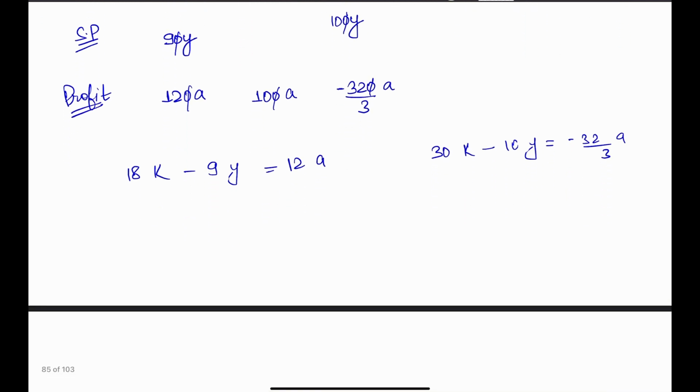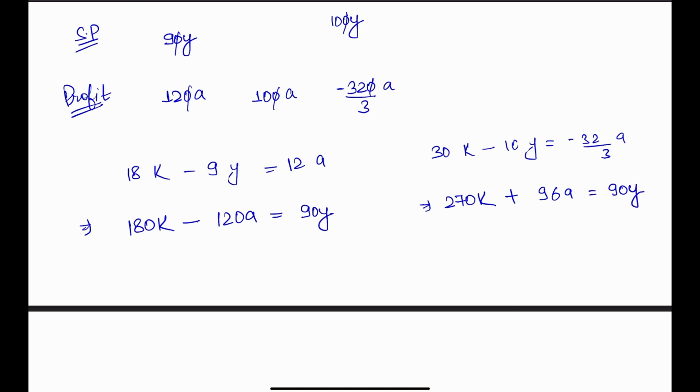So if I multiply this value with 10, 180K minus 120A equal to 90Y, and I will multiply this value with 9, 270K plus 9, so it will be multiplied by 3. 3 2 is 6, 3 3 is 9. A will be 90Y, so that will be equal.